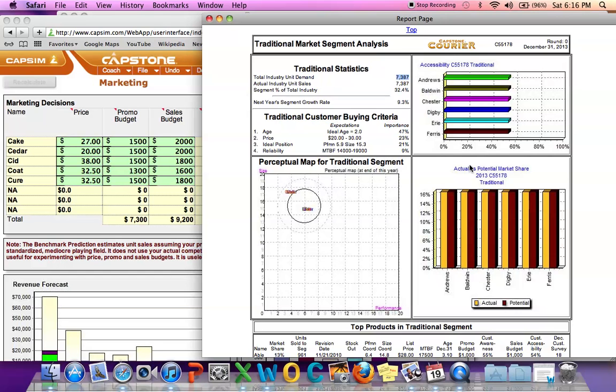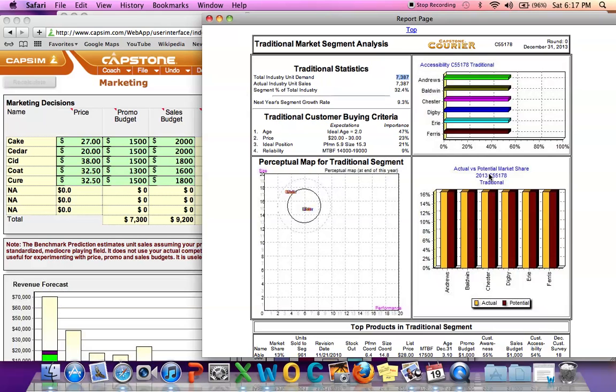Well, if you look down at the actual versus potential market share, since this is round one that I'm doing here, everybody's the same. Okay, so I'm Team Chester here, and we have about 16.7% of the actual market share that we took, and the potential that we could have taken is the same thing, 16.7. Usually those two bars on the bar graph don't jive.